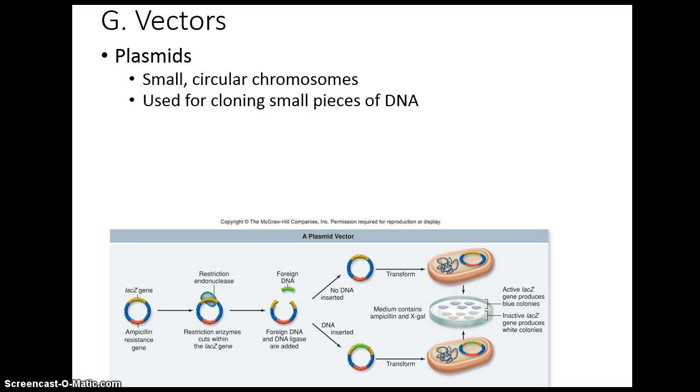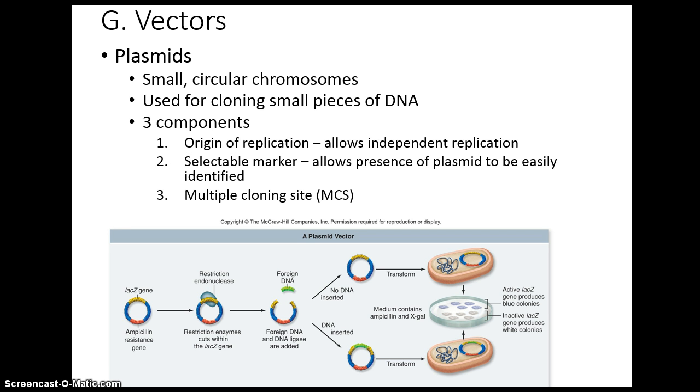It's a small circular chromosome in addition to the single chromosome that bacteria usually have. There are three components to the plasmid. You have the origin of replication, which is where new copies of the plasmid are made. You have a selectable marker, which allows the plasmid to be identified, and then you have multiple cloning sites.